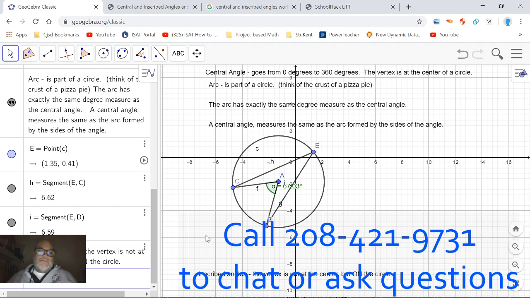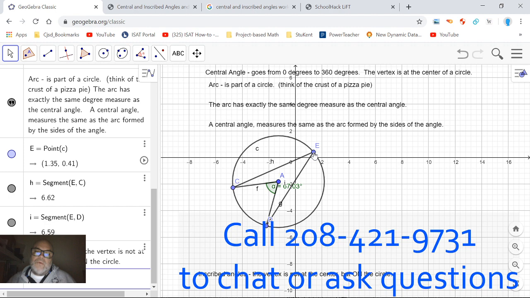Back in the olden days, maybe a king had a scribe who did all the writing for you, and the word script also means writing. So this word inscribed means written on or upon. Basically, when we have an inscribed angle, the vertex is actually written on or upon the circle. That's where that root comes from.